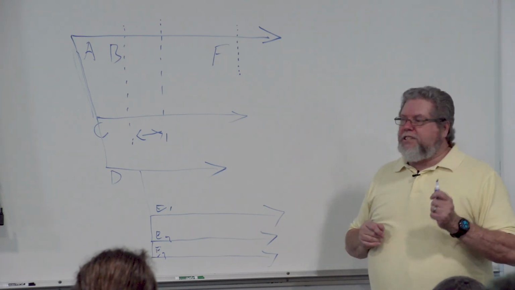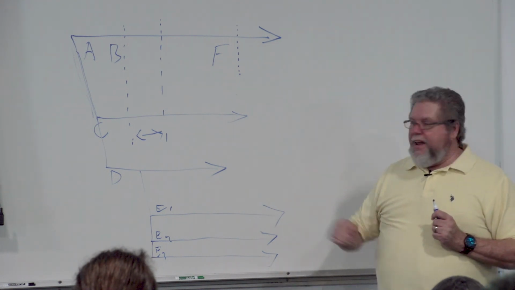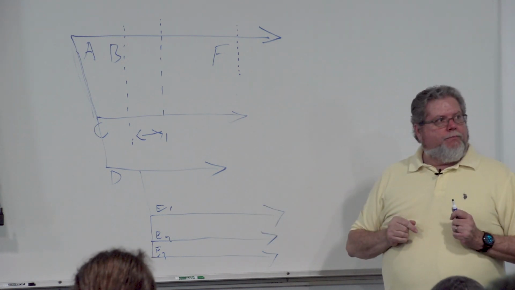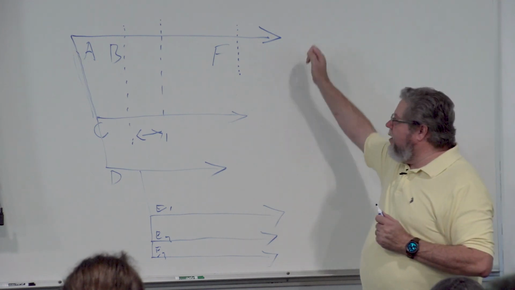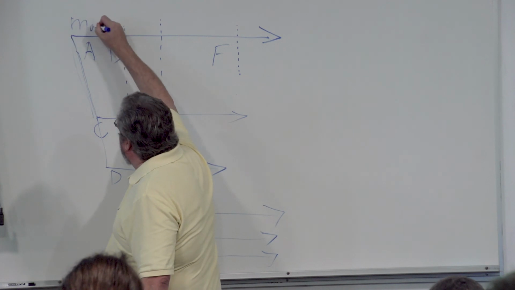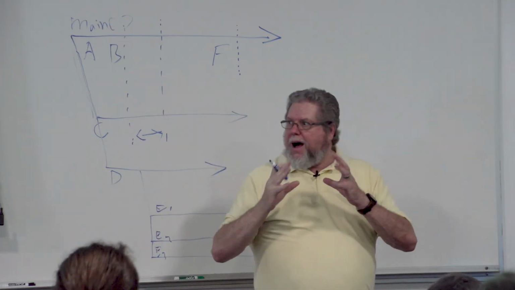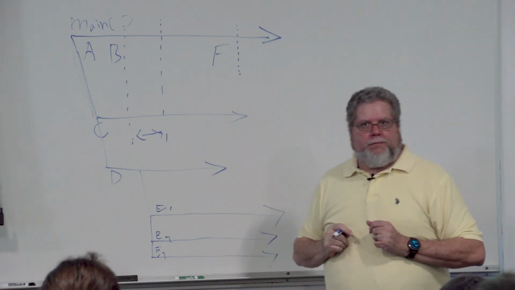Now, when I started off with this thread up here, and then I added more. The thread up here in C is called main. It's the main body of your program.